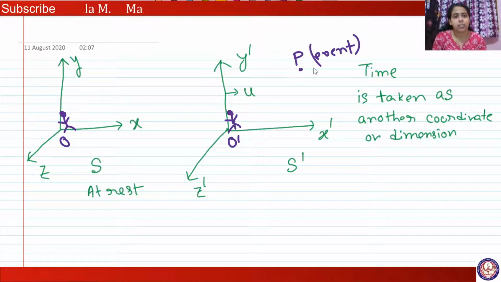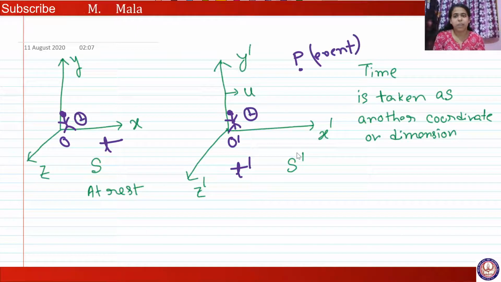So positions are important and also time is important. So first we define for the S frame time as t, and for the S prime frame time as t prime. Now let's say this observer has a clock and this observer also has a clock.